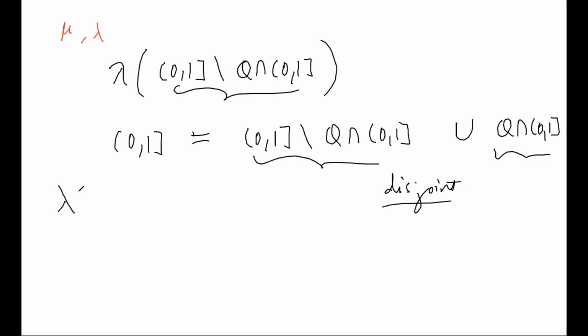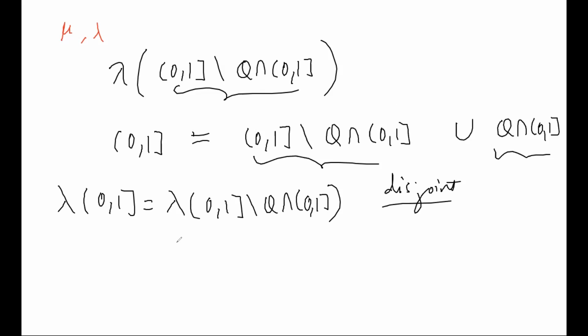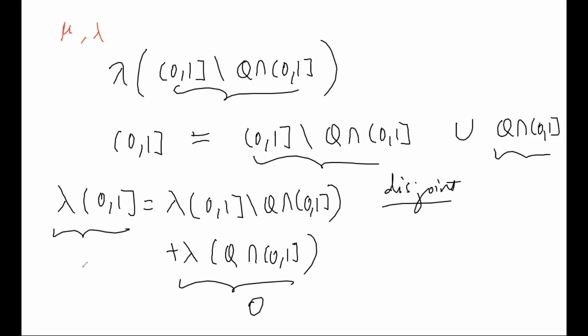Therefore, lambda of [0,1] is lambda of this plus lambda of that, because they are disjoint, so we can split them. And since you know this is the countable set with measure 0, and you know that this is 1, you can rearrange and find your lambda.